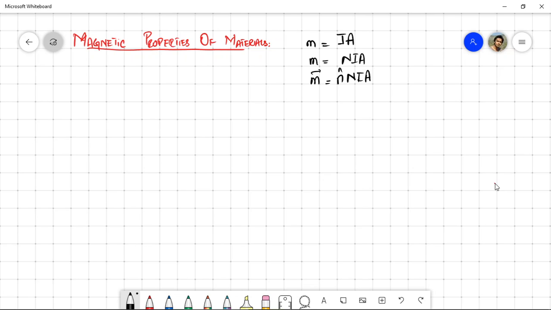If you take a deep look into the atom itself, you'll see what was happening in that circular loop. When we were talking about a current carrying circular loop, we were saying that it mimics a bar magnet, with a north pole above that circular loop and a south pole below it, and we said that the circular loop had a magnetic moment.